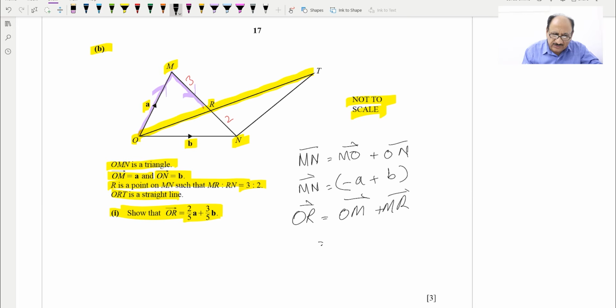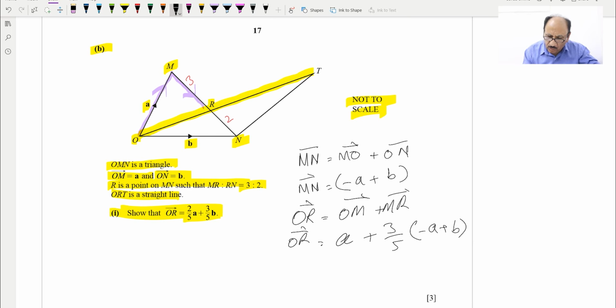OM will be some portion, OM is a, and MR is some portion, which is 3/5 portion of the complete MN, which is minus a plus b.